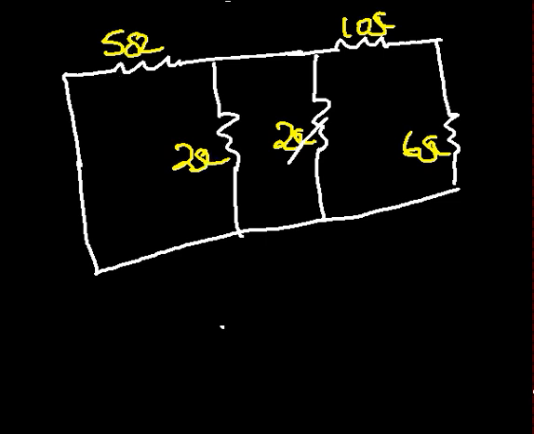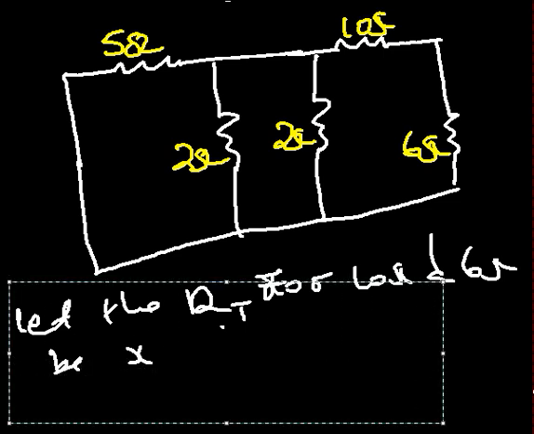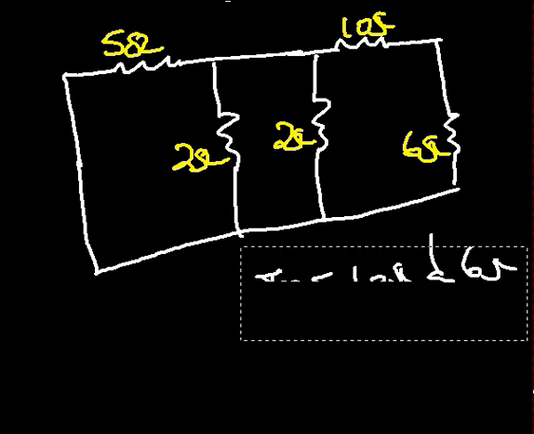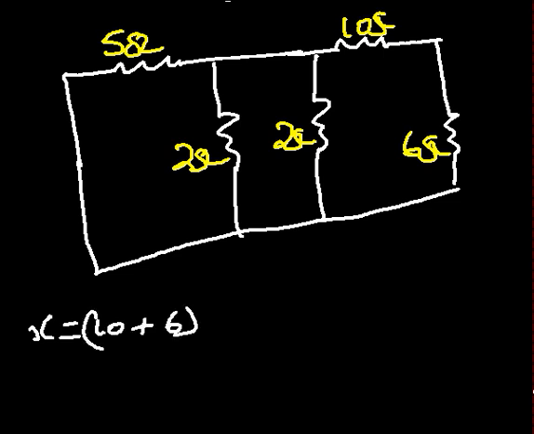First, we should find the total resistance for those in series. Let's say the R total between the 10 ohm and the 6 ohm is X. Since they are in a series circuit, X is equal to 10 plus 6, which is equal to 16 ohms.